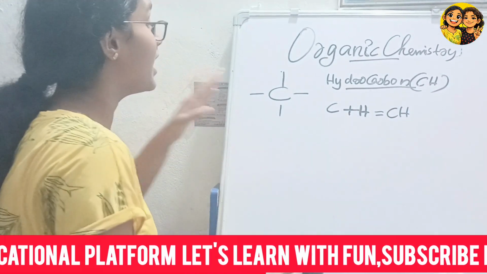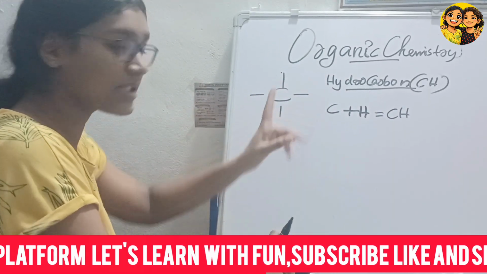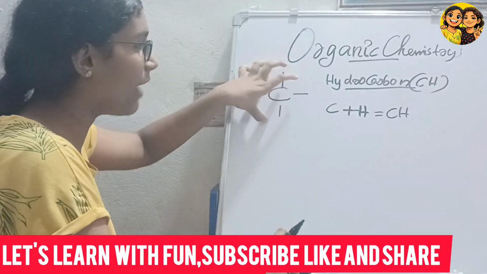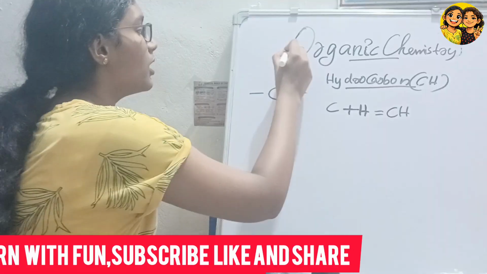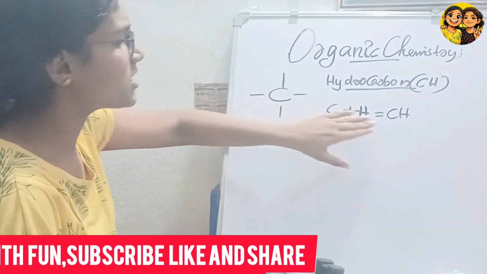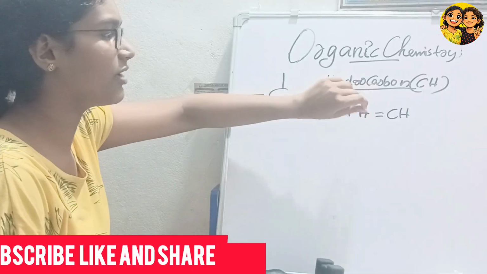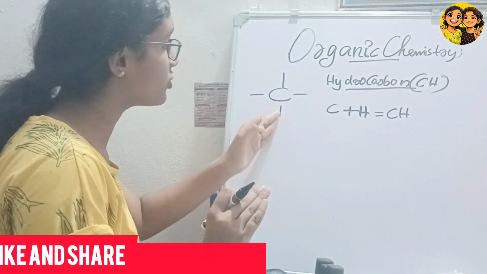So simple. Now we understood that C has the valency 4, it makes covalent bonds, and it has 4 single bonds. It has 4 bonds. So now, here hydrogen is coming, and both of them are having a bond together. Right now, how to put hydrogen on these bonds?